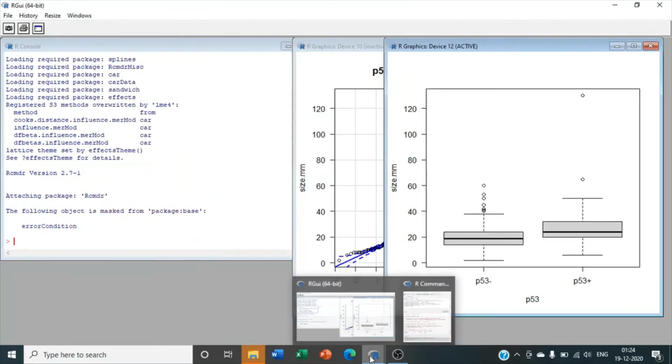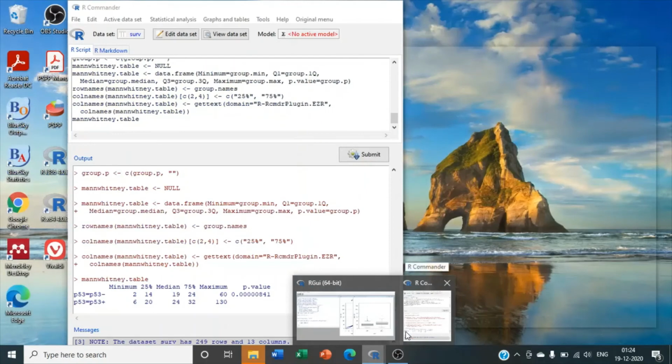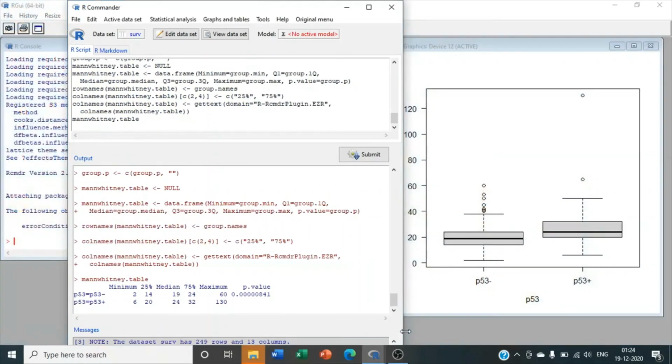We get the bar graph as the default, but when we go to the output window, finally we see the table, we get the summary results, the median size of P53 wild type tumors and the median size of P53 mutant tumors.